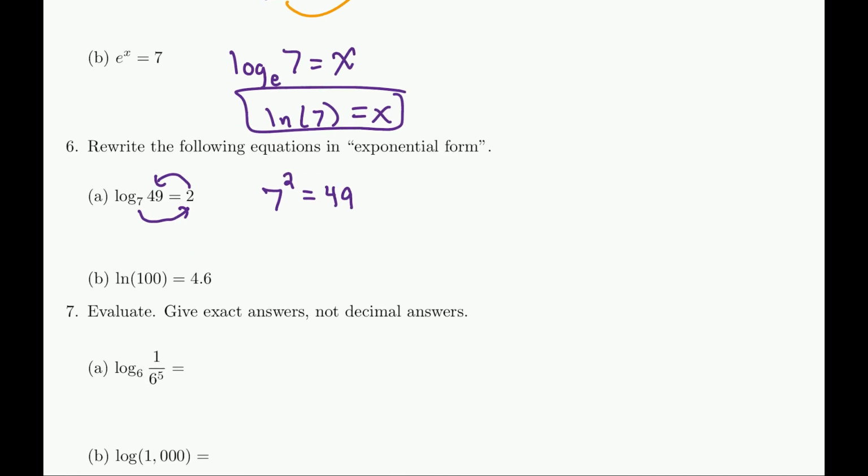Next one, ln 100 equals 4.6. That's actually an approximation. But what this is saying is, this is log base e, remember, right? Log base e, even though it doesn't say it, e to the 4.6 equals 100. Again, it's only approximately equal, so it's not exactly equal, but I'm just writing this.